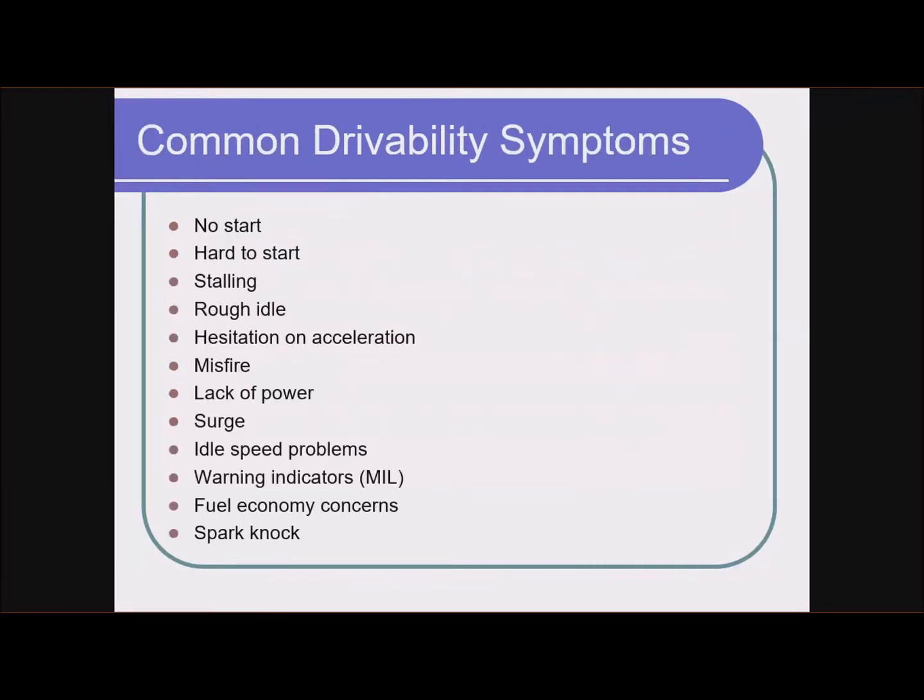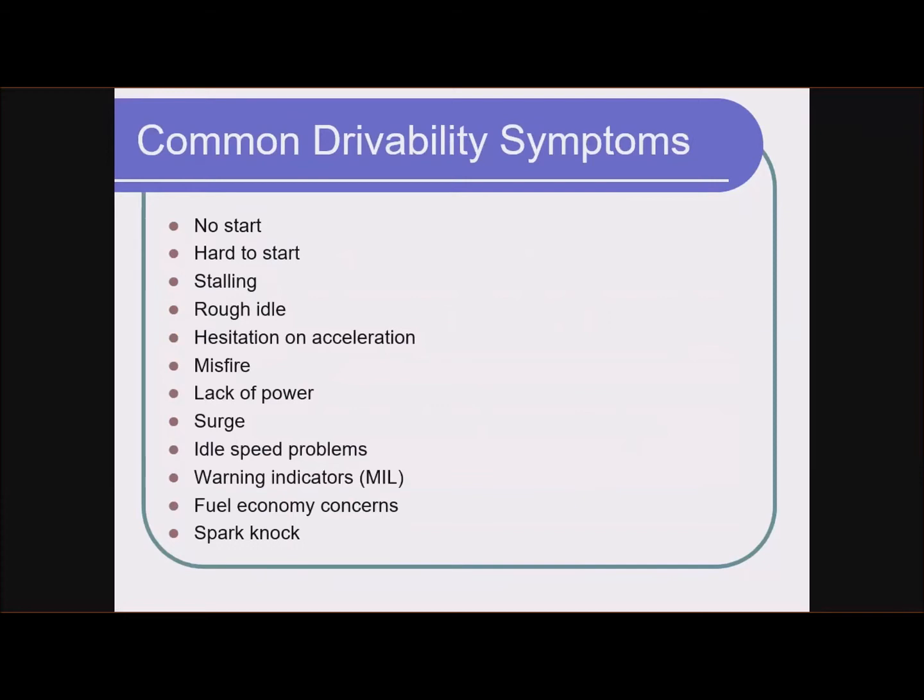So here are a bunch of drivability symptoms. So no start. A no start comes in two flavors, two varieties. I want to make sure we identify that one is really an electrical problem and the other is a drivability problem.